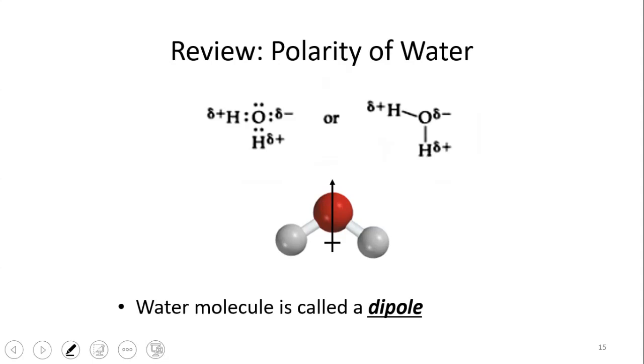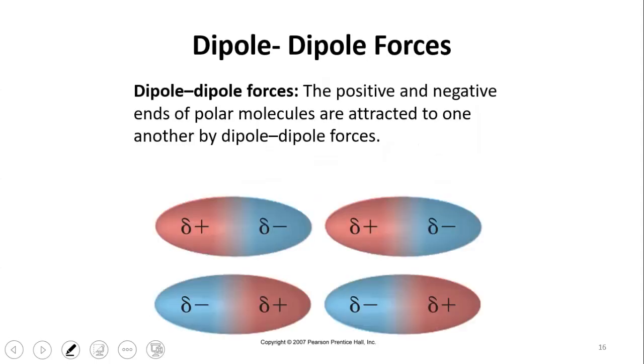So if each water molecule is a dipole, it means that it has one end of the electron cloud in that molecule that is partially positive, and another end of that electron cloud that is partially negative, right? So if I put them together, like in a typical sample of a substance with zillions of molecules, what will happen is that the positive and negative ends of those polar molecules are going to be attracted.